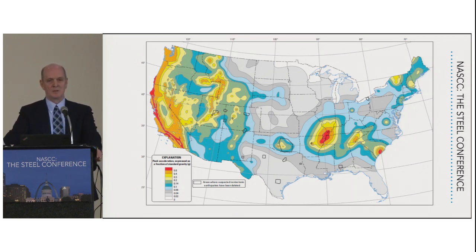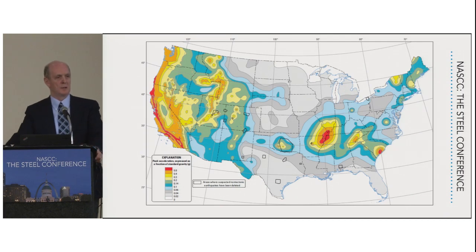Basically, this is a map that just kind of shows you where some high levels of shaking are more likely to occur than others. A lot of the country, we are in the light blues and grays, which says that this level of shaking is what we would expect. If you design to this, there's a very low probability that it would ever be exceeded, a 2% probability in 50 years.